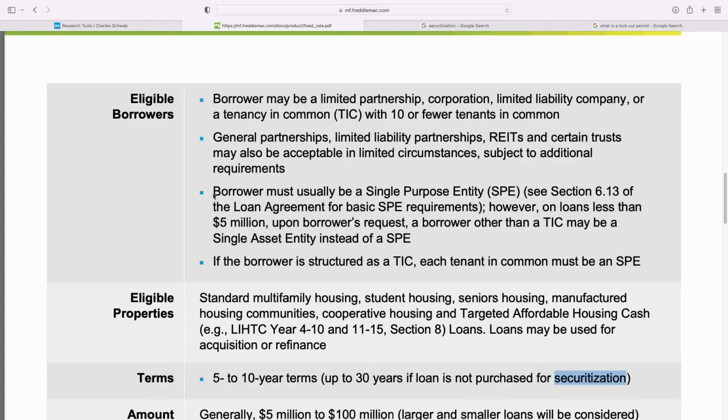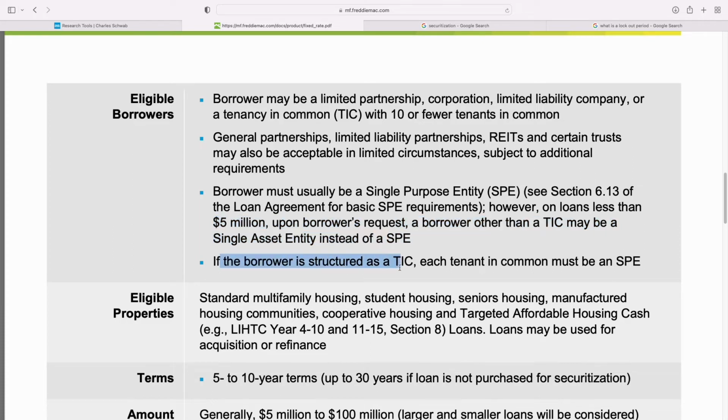The borrower must usually be an SPE, which is also known as a single purpose entity. However, on loans less than $5 million, upon the borrower's request, a borrower other than a tenant in common may be a single asset entity instead of a single purpose entity.